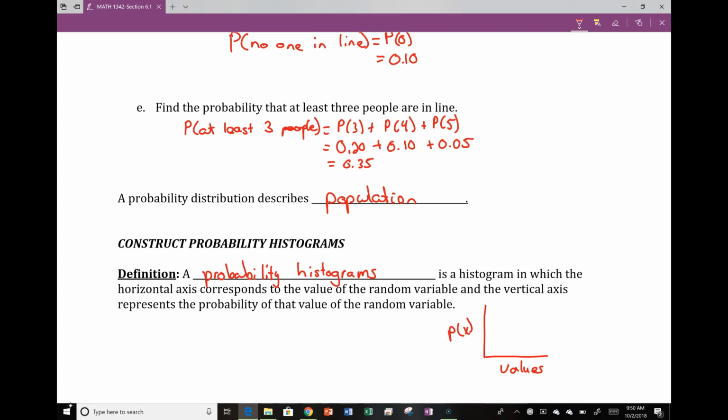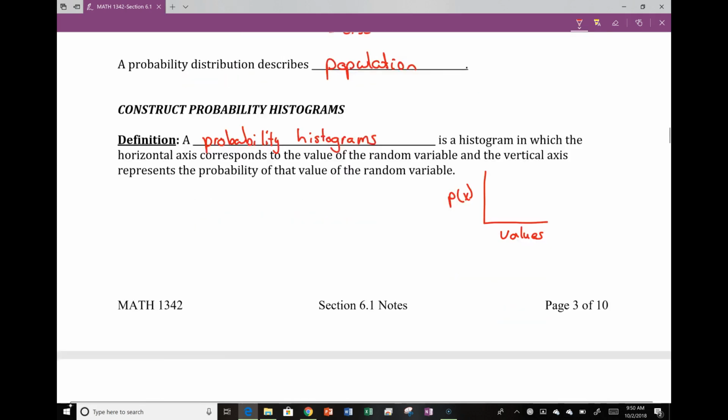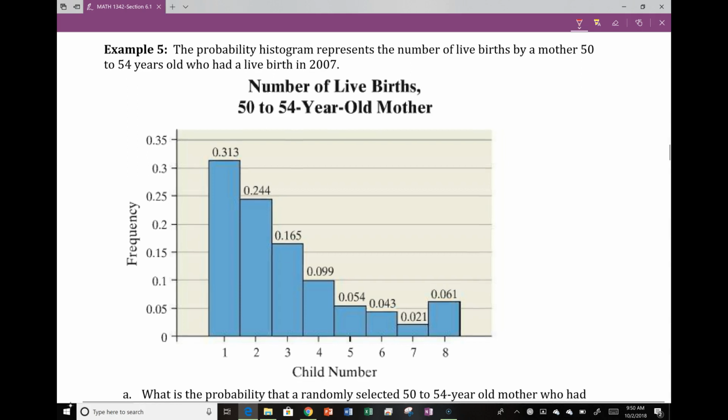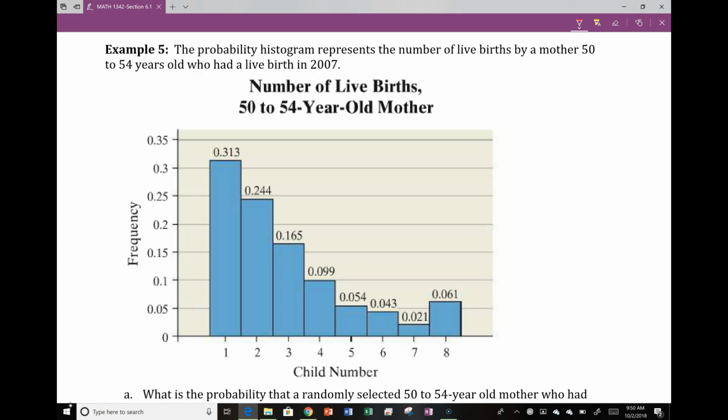So let's look at an example of a probability histogram. So this probability histogram represents the number of live births by a mother who is aged 50 to 54 years old who had a live birth in 2007. So in 2007, these ladies had live births.